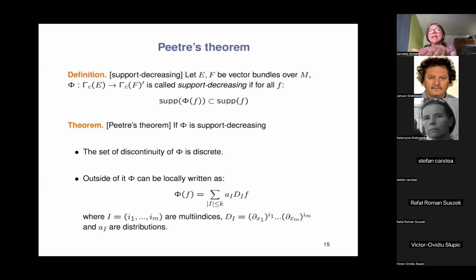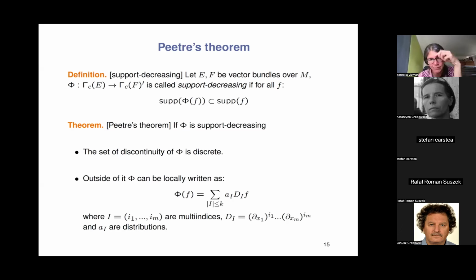If we have E and F vector bundles over M, this is what we need: sections of one vector bundle and the continuous dual of sections of the other vector bundle, because we will start with the 2-cocycle, and then we will make a 1-cocycle out of it with values in G prime, from G to G prime. So this is the setting we will need.